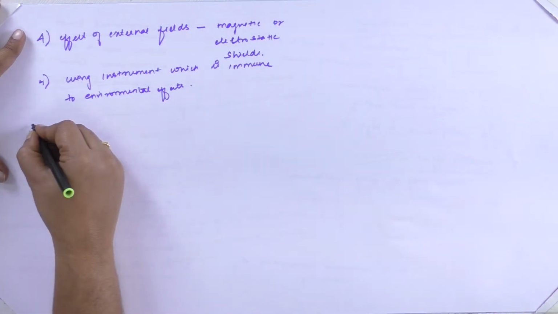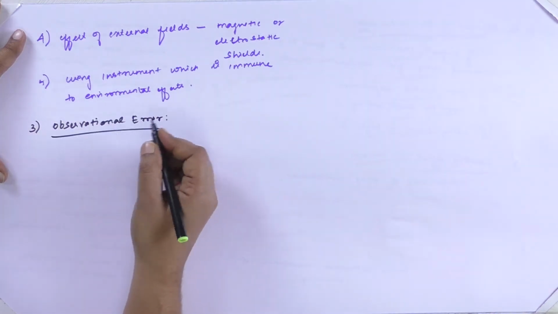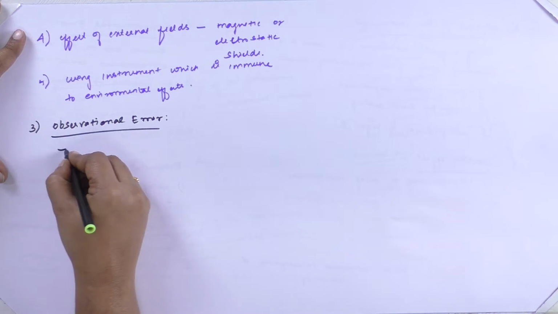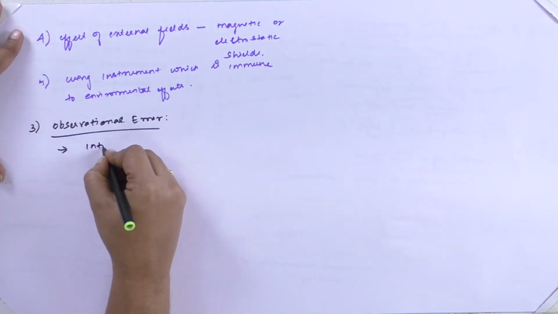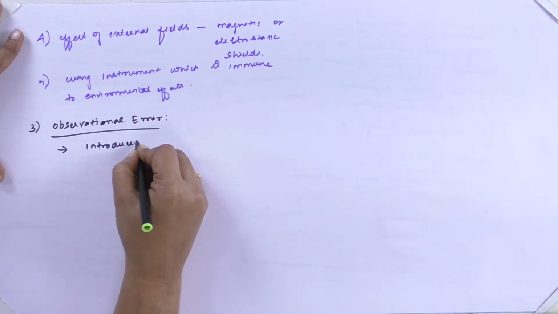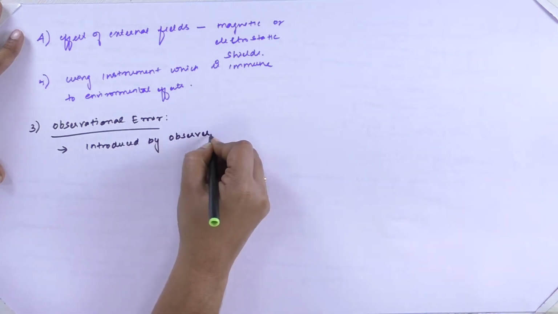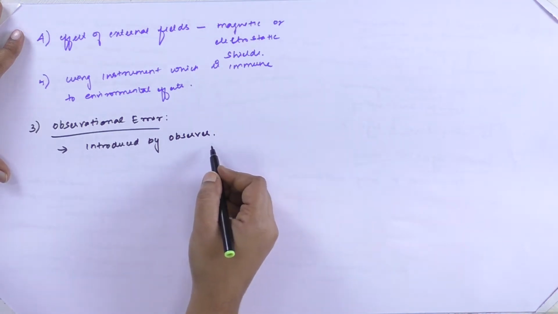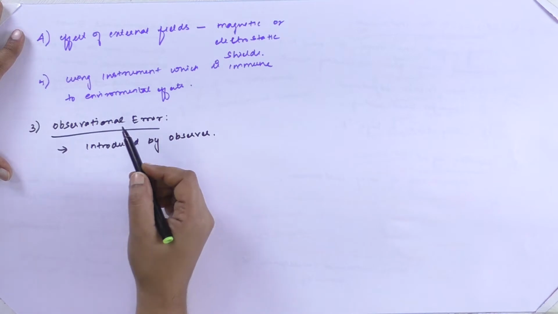And the third type of systematic error is observational error. The observational error is introduced by the observer who is taking the readings. So the observer who is measuring the unknown quantity is responsible for this observational error.